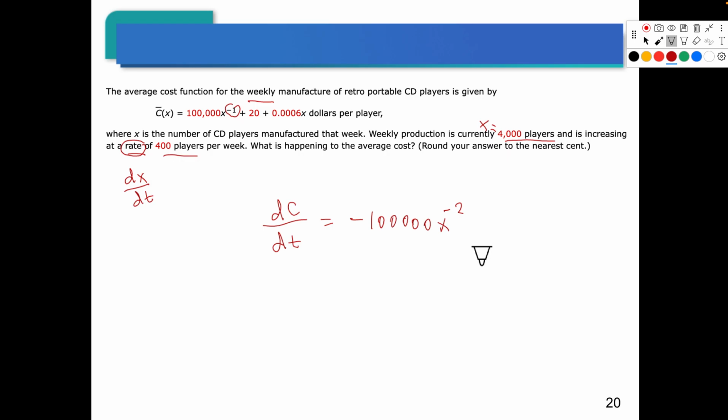We took a derivative with respect to time. We need a dx/dt. Take the derivative of 20, we get 0. That's nice with a constant. Take the derivative of 0.0006x, and we get 0.0006, but we took a derivative, so there's a dx/dt.